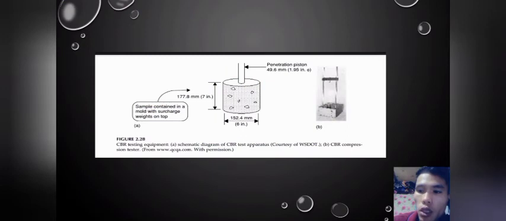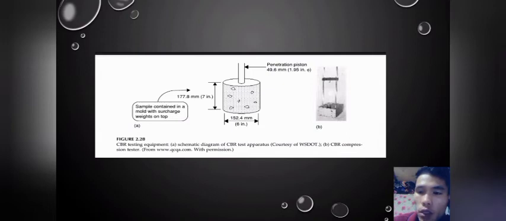Okay, let's see the figure 2.28 CBR testing equipment. Letter A, schematic diagram of the CBR test apparatus, and letter B, CBR compression tester. So letter A, sample contained in a mold with a soil surcharge weights on top.